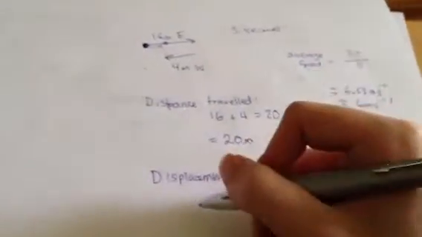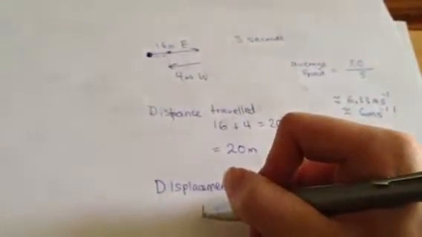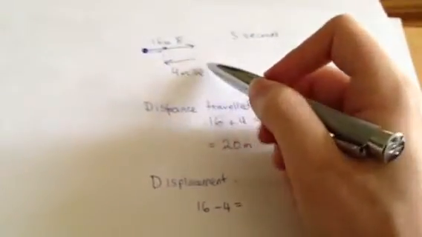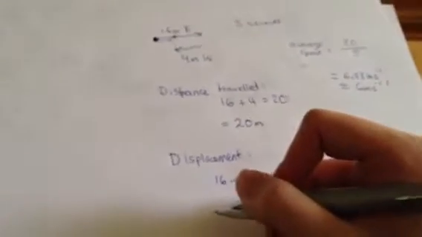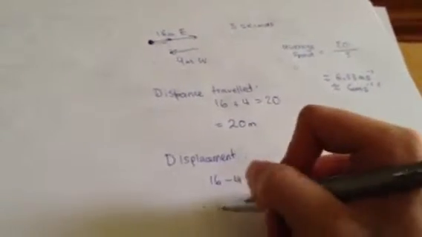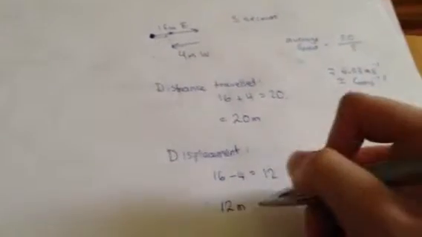So our displacement we could represent as being 16 take 4, because we moved 16 to the east, and then we took off 4 when we moved back to the west in the opposing direction. And then we get 12, but of course, displacement requires units and direction.